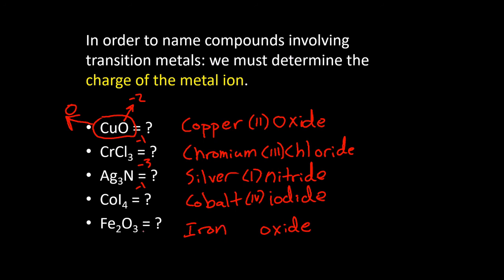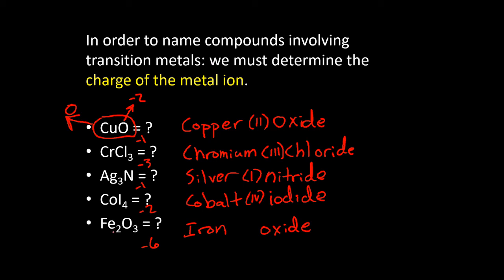And then lastly here, oxygen -2, just like it was up here. It's not going to change just being in a different molecule. So we have -2 from each of the oxygens, which means we have -6 total, because we have 3 oxygens, which means that we need +6 from the irons.